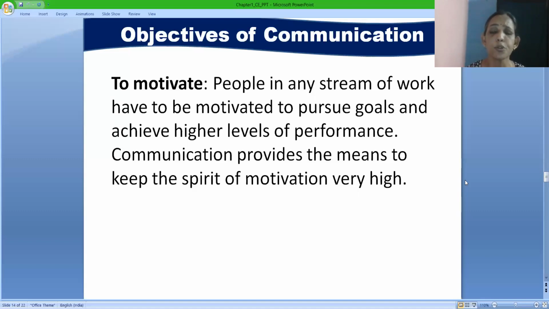I want you to draw your attention towards a kid who is very young, an infant of say a couple of months old. In order to grab the attention, to attract the eye contact of that baby, what do we do? We create certain noise.